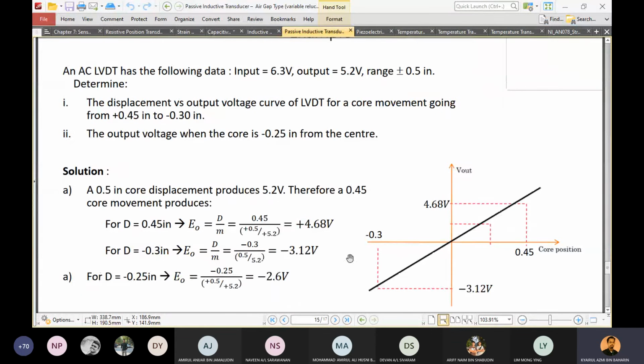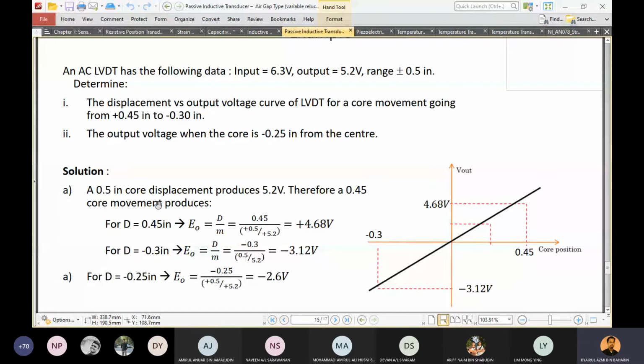And then another example, we have an AC LVDT with the following parameters. Input is 6.3 volts, output is 5.2 volts, range is plus minus 0.5 inch. We want to determine the displacement versus output voltage curve for a core movement going from positive 0.45 to negative 0.3 inch.